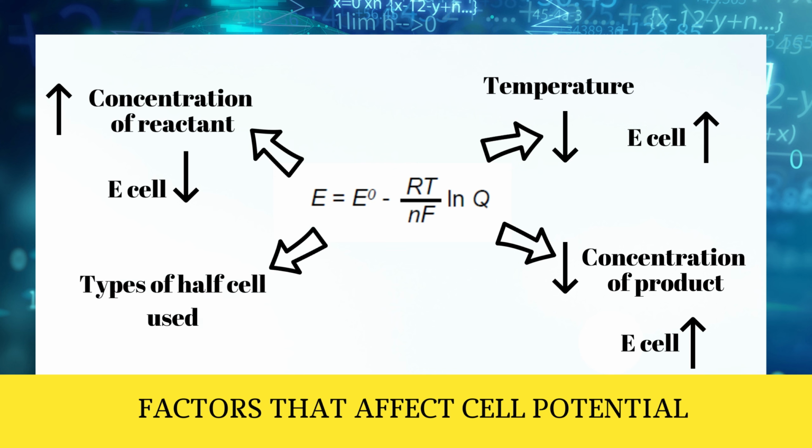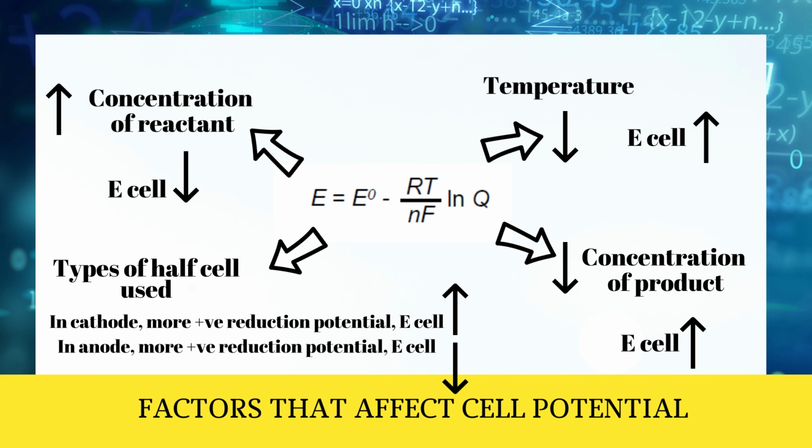The last one is the type of half cell used. At the cathode, if the half cell with more positive reduction potential is used, the standard cell potential increases, so the magnitude of the cell potential increases.